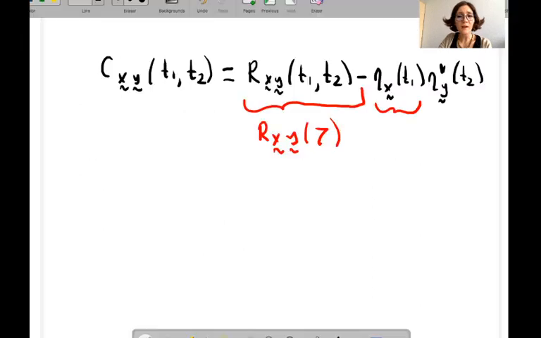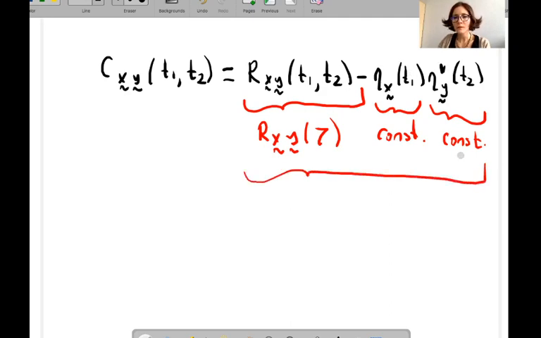So if x is wide-sense stationary, it should be stationary in the mean, which means this first term should be a constant. The same thing holds for y: if y(t) is a wide-sense stationary process, it should be stationary in the mean, so this term should be a constant. So what do I have here? First, a function of tau, then minus a constant times a constant. Obviously the second part is a constant, so the overall expression we have here is a function of tau.